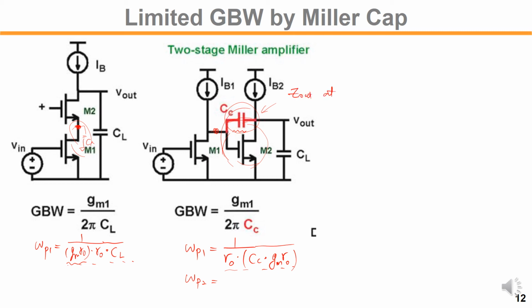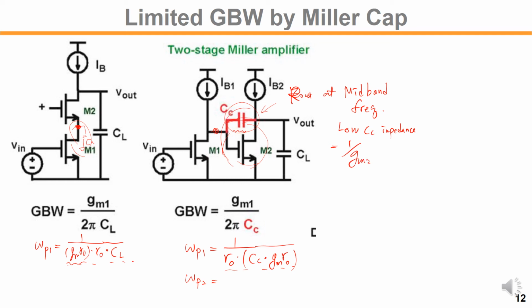So let's say R out at the mid band frequency, the CC is short, low CC impedance, meaning it looks like connected, so we only see the 1 over gm2.